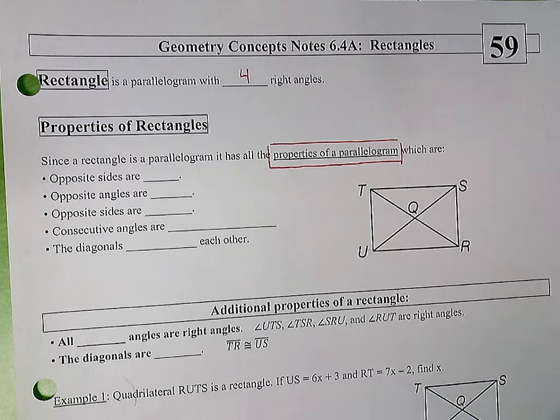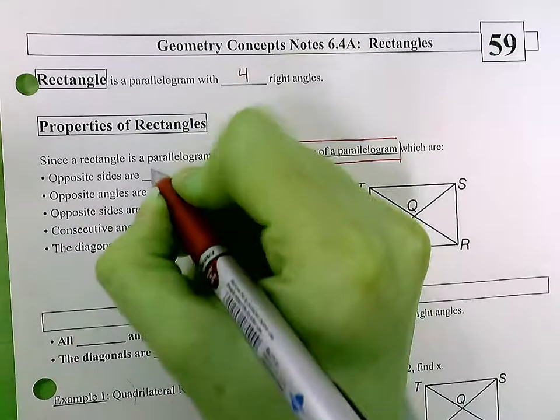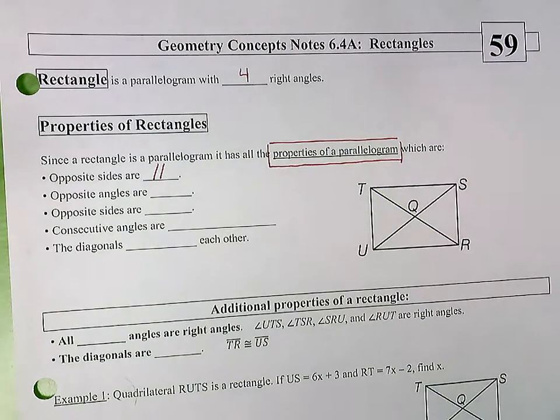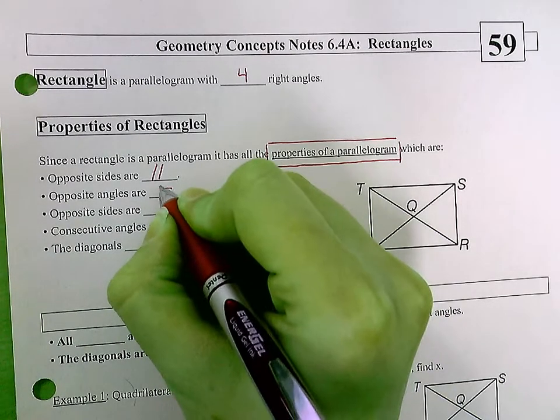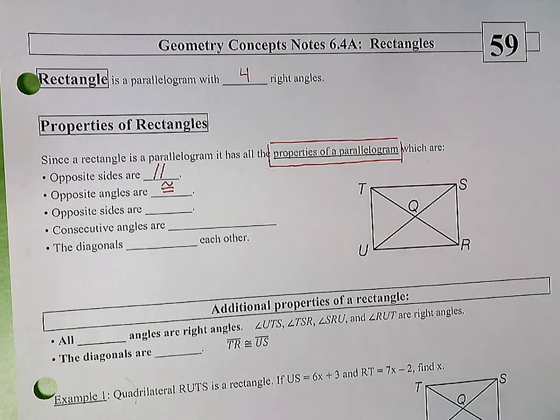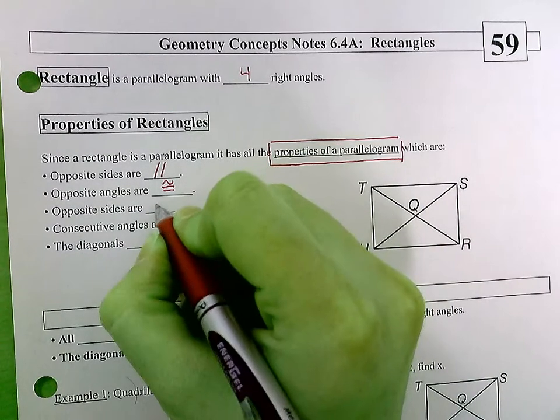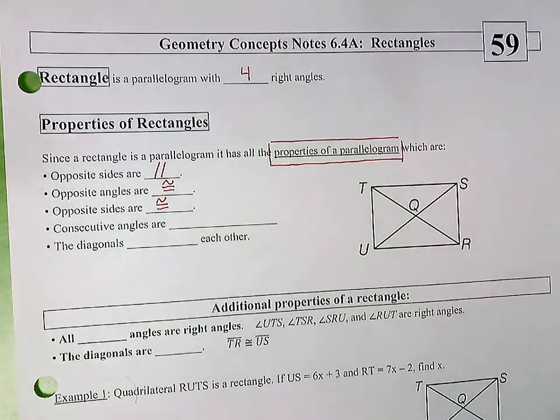Opposite sides are parallel. Your opposite angles are congruent or equal to each other, so you can set your opposite angles equal. Your opposite sides are also congruent, so sides opposite each other are equal.